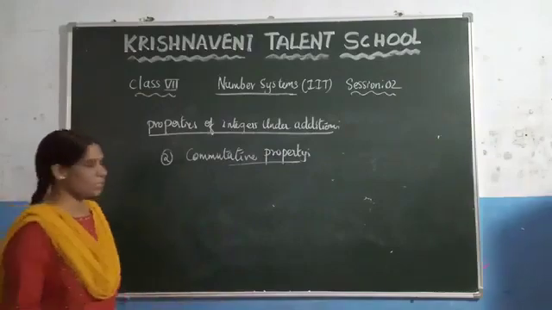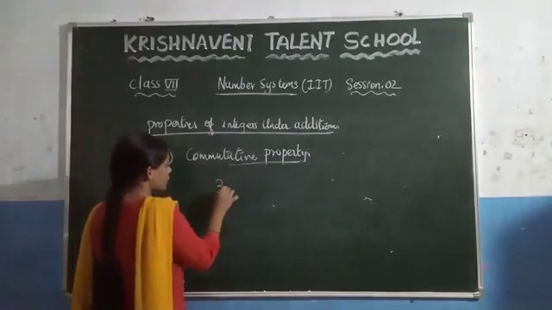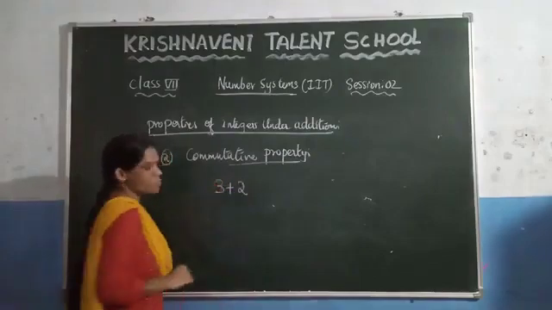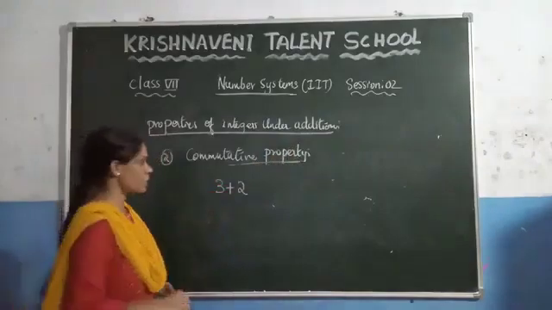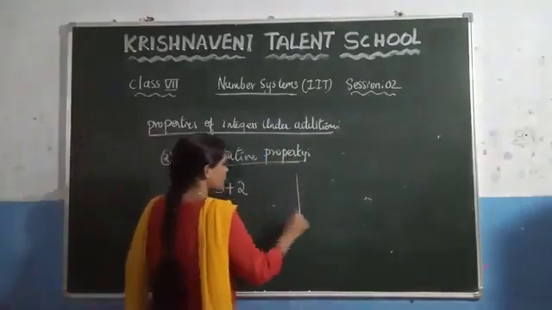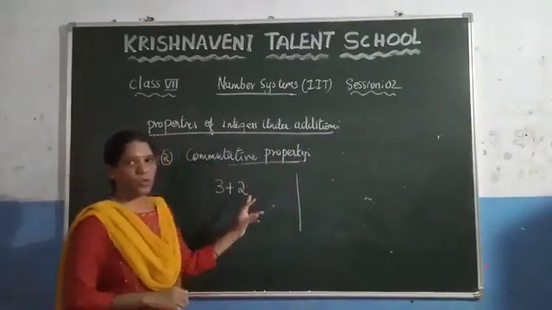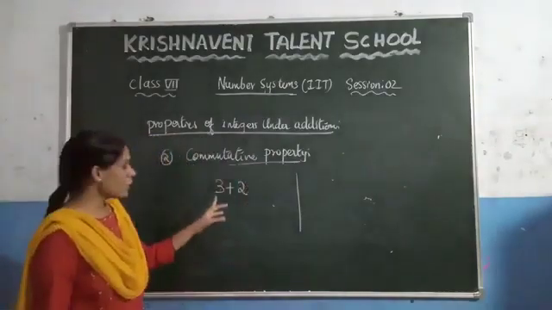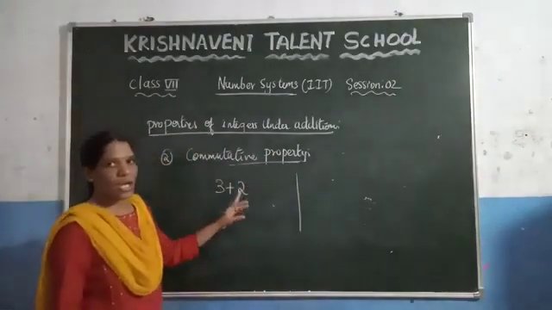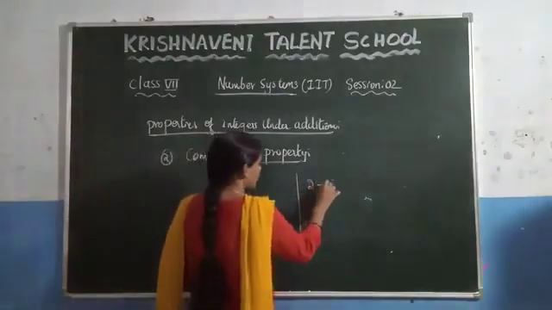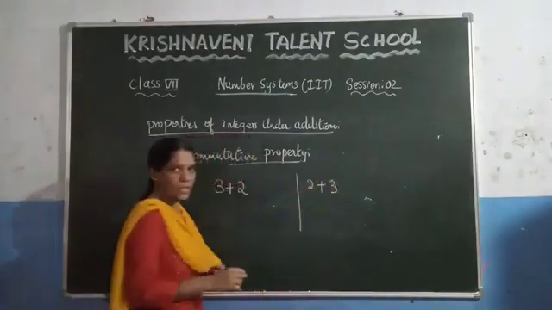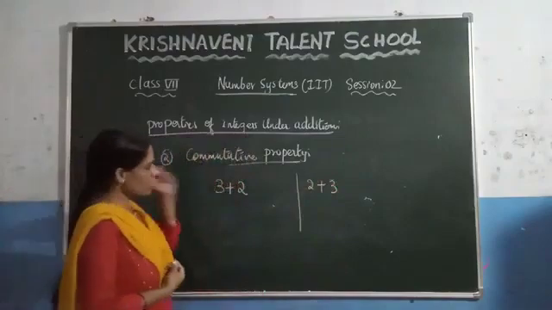That means you need to consider two integers. Let us consider 3 plus 2. Since we are talking about addition, we took the operation here as addition. Now here, in the case of the commutative property, we need to change the order. Here we took 3 plus 2. After changing this, you need to write 2 plus 3. Now, you need to check both of the results.